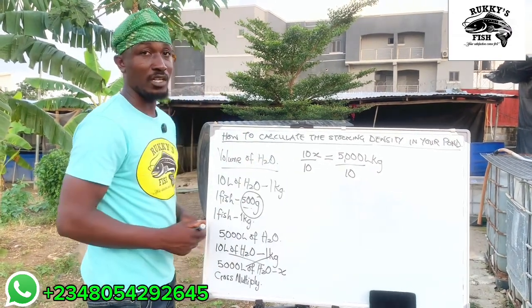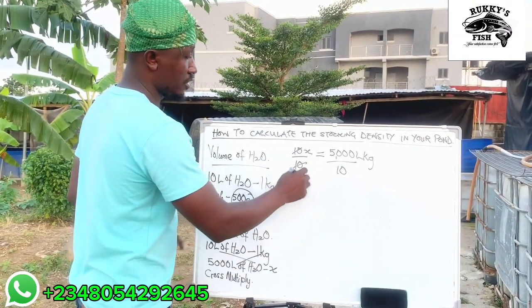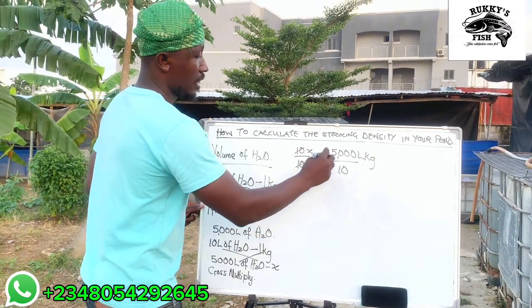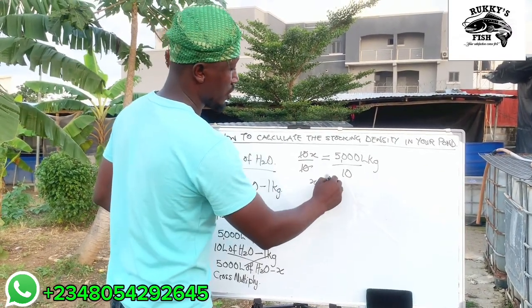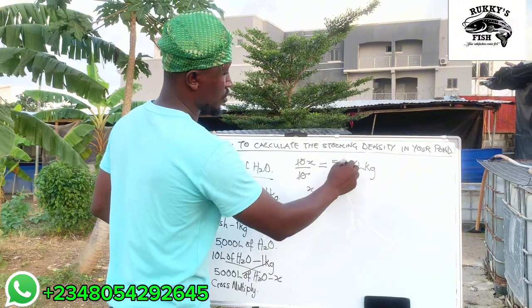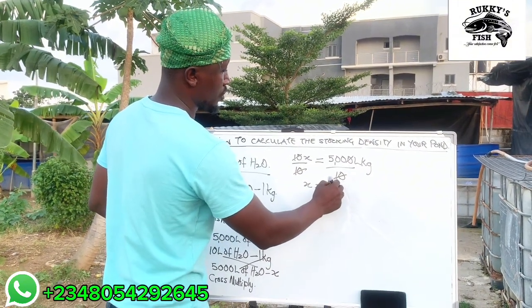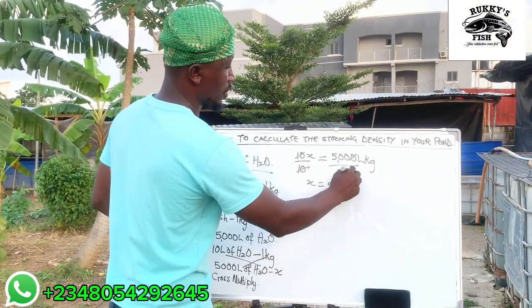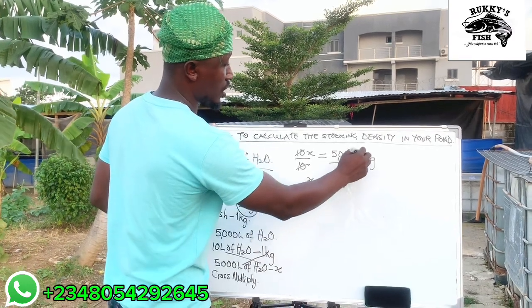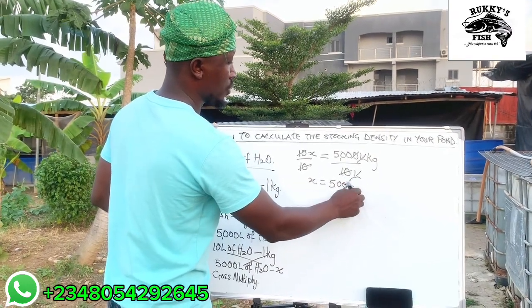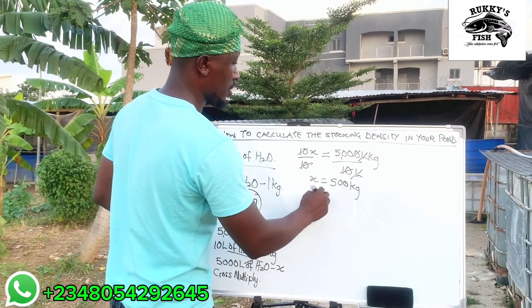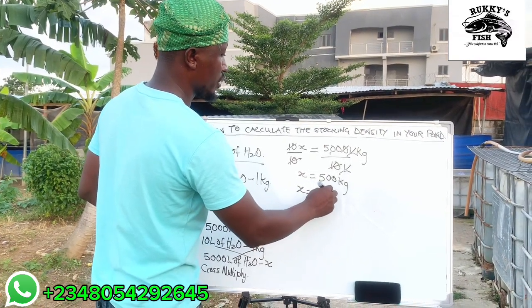So we divided both sides by 10. This cancels this. We are left with x. And how many times will 10 go into this? So let's just cancel and be sure. This becomes what? 500. Remember, this is liters, so this also cancels this. Then we were left with kg. So x is equal to 500 kg.